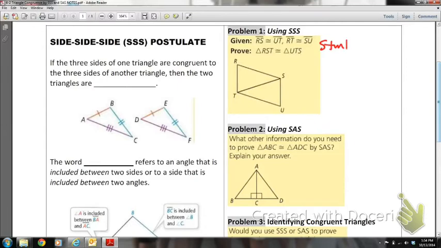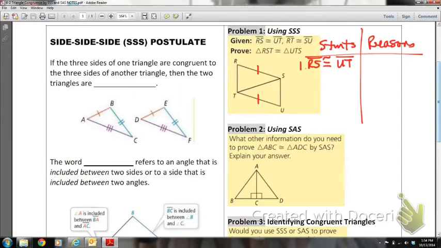We'll put our statements and our reasons on the right, and put the information that's given, that side RS is congruent to side UT. So let's mark that on the diagram as well. RS is congruent to UT.